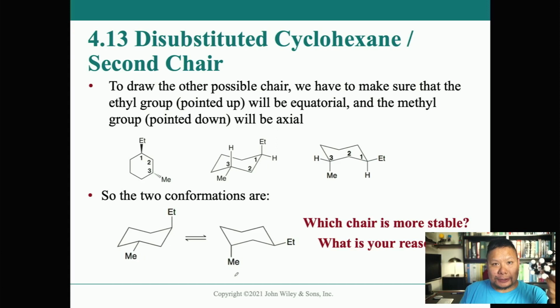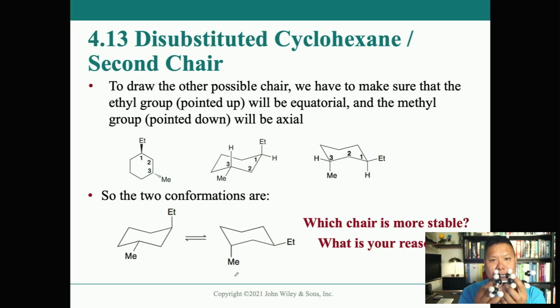To draw the other possible chair structure, we have to make sure that the ethyl group, the pointed up one, will be equatorial, and then the methyl group, pointed down, will be axial. Right? So, okay, what the heck just happened here? There we go. Kind of twisted on me. Okay. So we'll do the chair flippy thing again, like that.